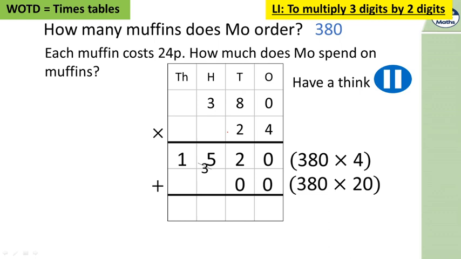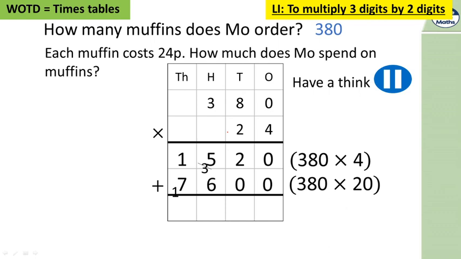We have 20 times 80, so 2 times 8 is 16, times 10 is 160, times it by 10 again is 1,600. So the 1,000 goes across, the 600 goes in. Then we have 20 times 300, so 2 times 300 is 600, times it by 10 is 6,000. Add that to the 1, get 7,000. So exactly the same answer, just thinking about it in a slightly different way.